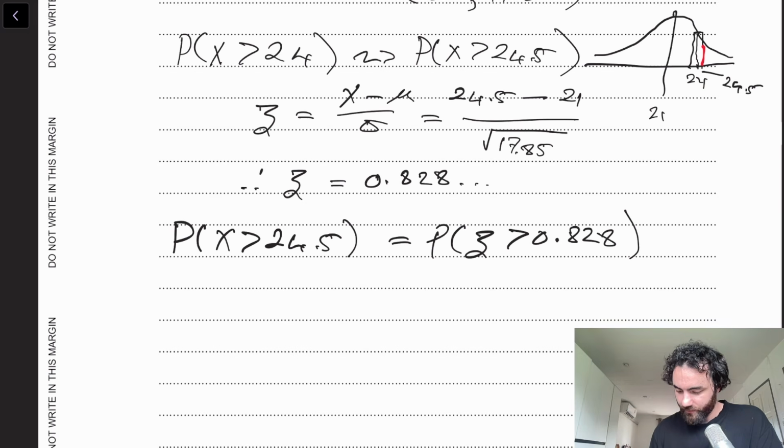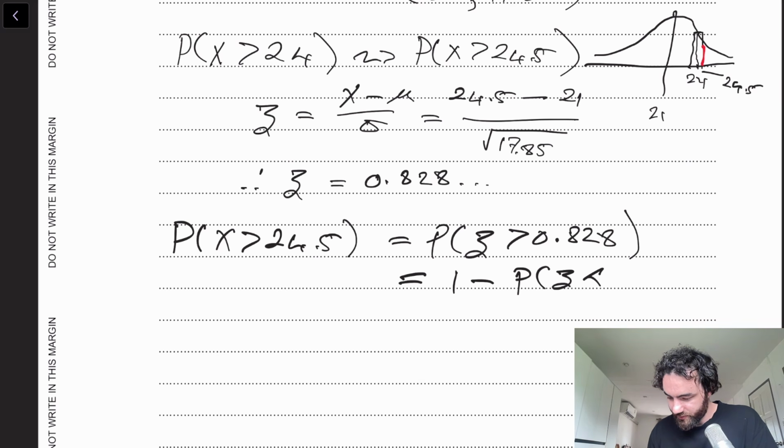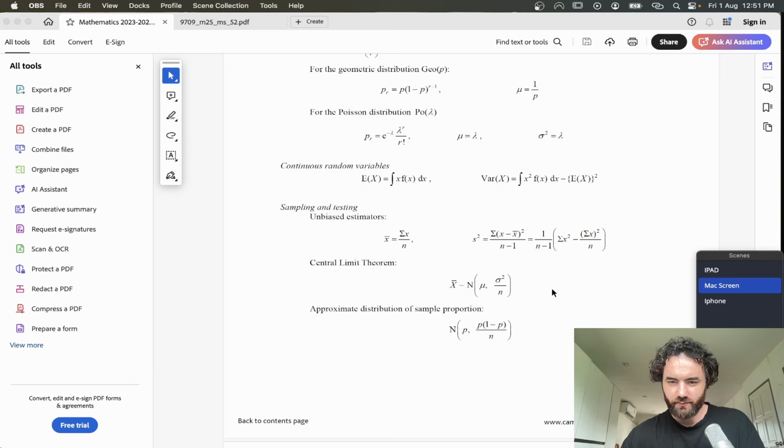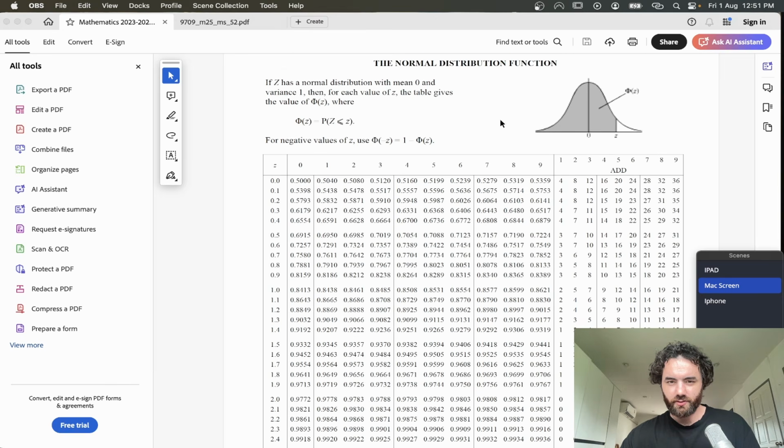This will be 1 minus the probability, because we're going to need that with the table. It's the same thing, and this is notated like this. I'll show you that on the screen. Okay, so we go to our table here. You should have studied this, but these are calculating this area.